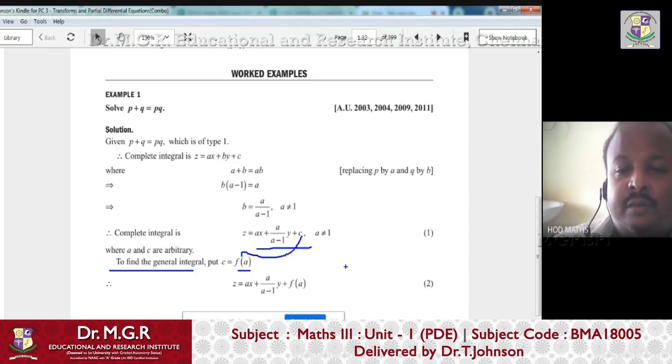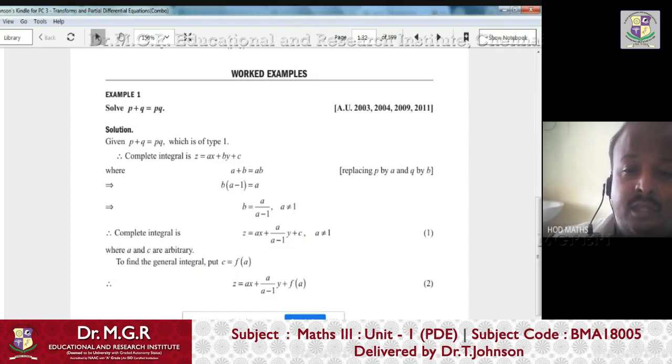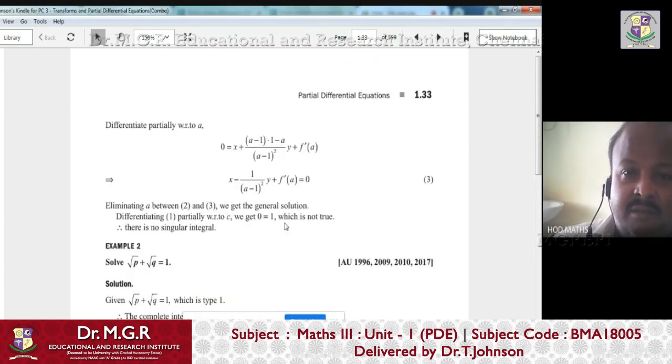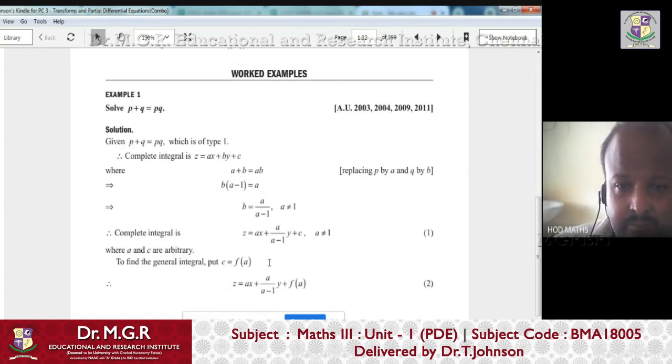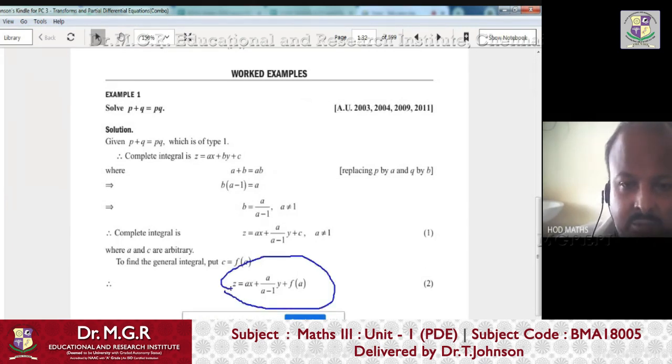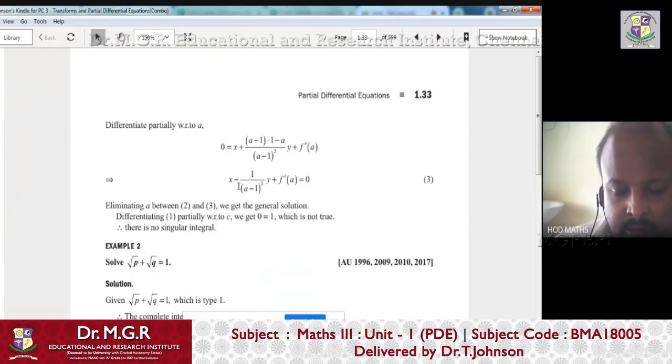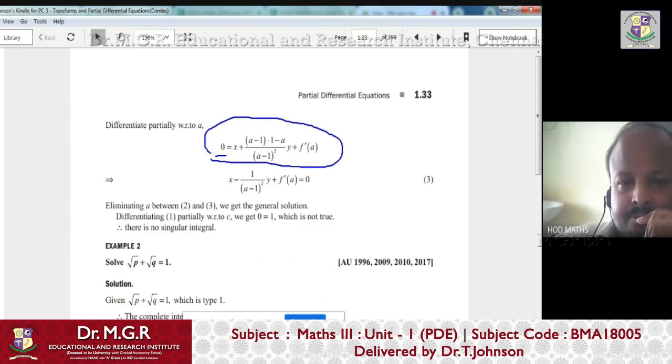Then we have to differentiate this equation with respect to a. So you may think, sir, how is a a constant? But here we have to assume a is a variable, and you have to differentiate this equation with respect to a, then we get this one.